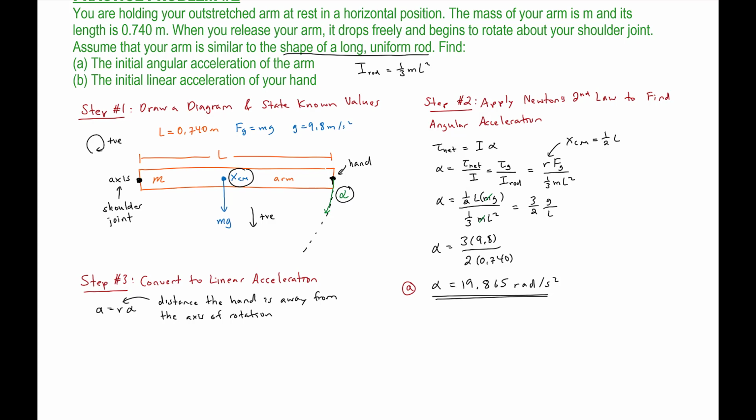So that means R is equal to L, and we can say a is equal to L times alpha, which is equal to 0.740 times the alpha we calculated, which is 19.865. And acceleration is going to be equal to 14.7 meters per second squared. And now you've answered part B as well.